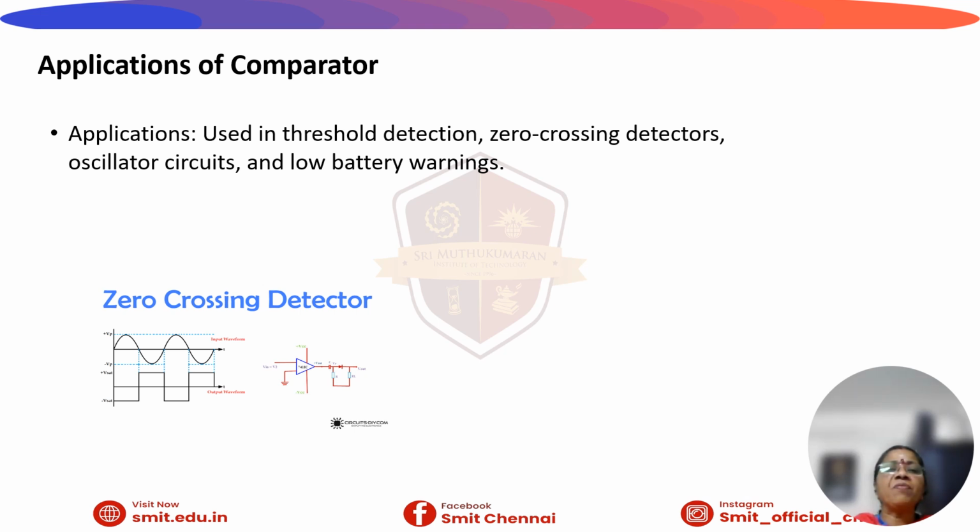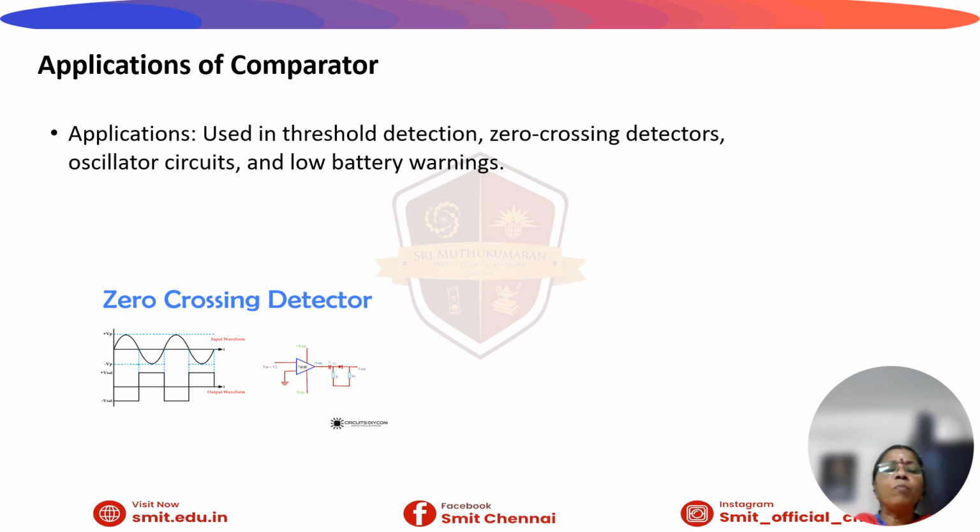The main specific application is the zero crossing detector, which is used to detect when the input voltage crosses the zero level. In this zero crossing detector, it is a basic comparator where V reference is set to 0 volt, detecting every time the AC signal changes its polarity.